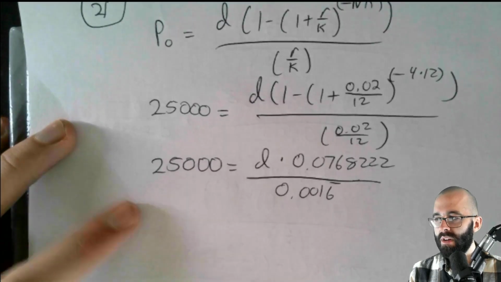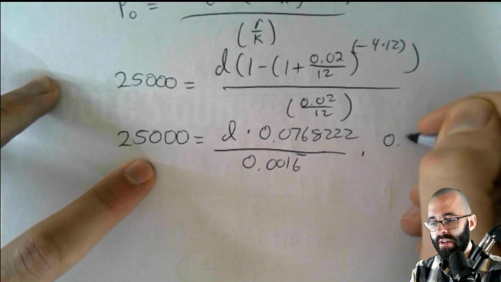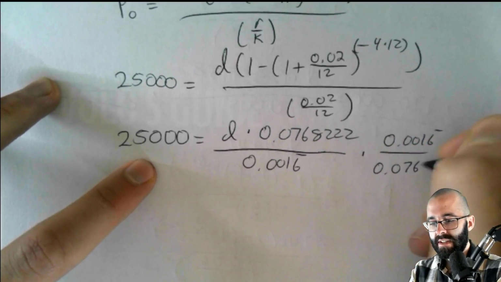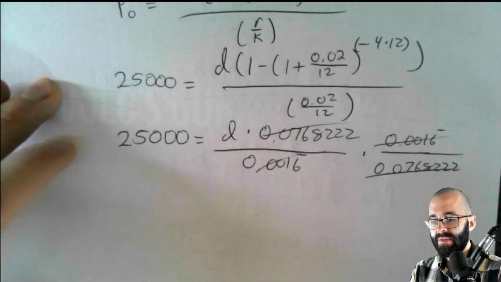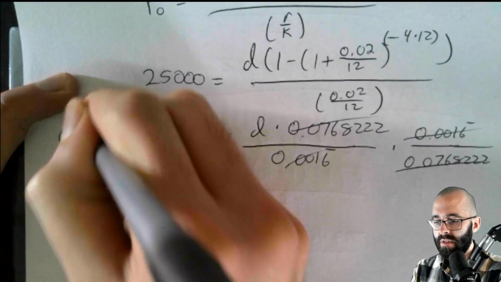And just like before, we multiply by the reciprocal so that D is by itself. 0.0016 repeating, 0.0768222. Those cancel on this side. And we multiply it on the other side as well.